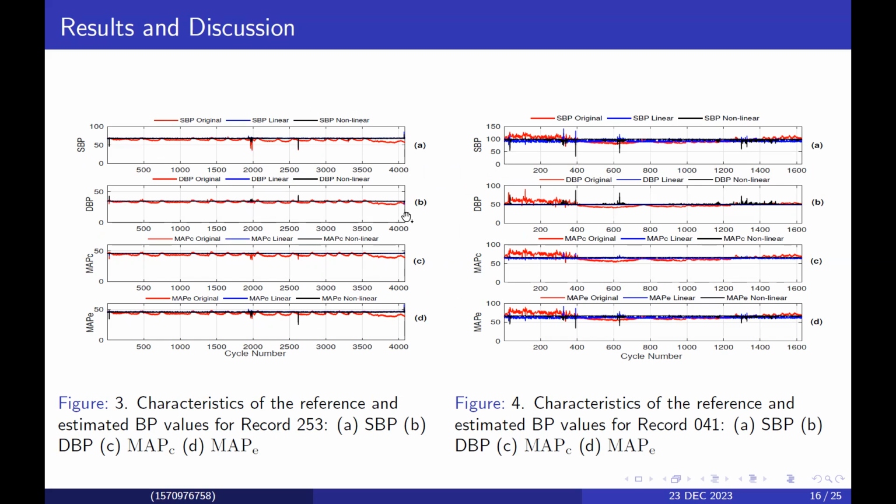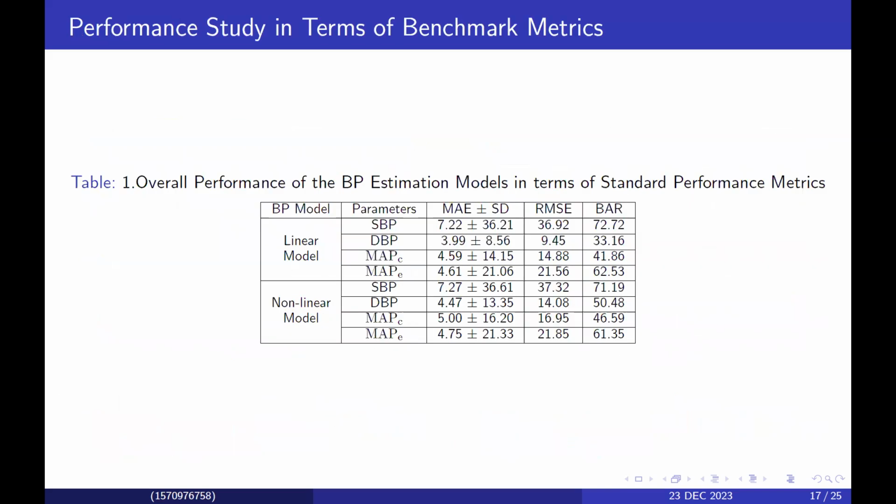Similarly, we are plotting the original and estimated values for the entire 35 records. Then we are evaluating the performance of these BP estimation models, linear and non-linear, in terms of standard performance metrics such as MAE plus or minus STD, root mean square error, Bland-Altman ratio, etc.